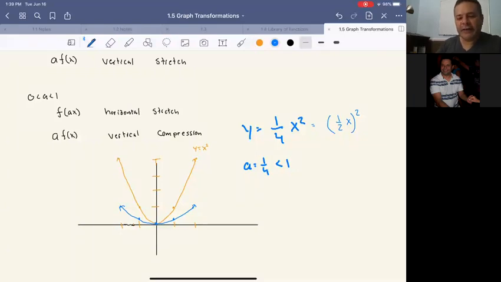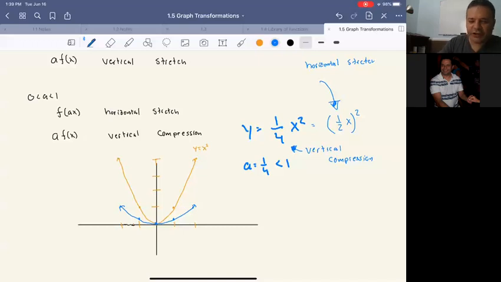So remember, from the earlier perspective, this was a vertical compression. But we can also look at it from this perspective, in which it is a horizontal stretch.